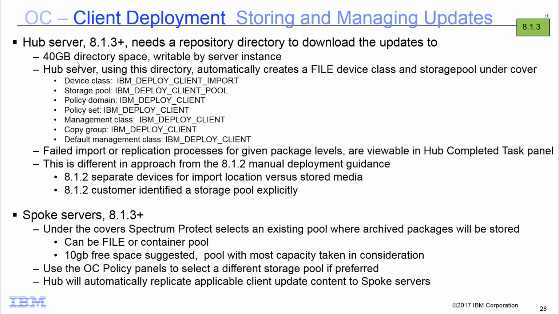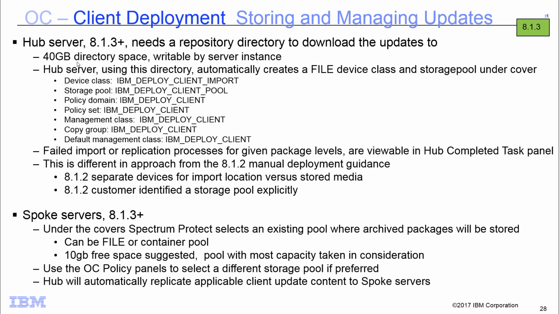It will look for the one with the most capacity, but at least has to have 10 gigabytes of free space. You could utilize the Operations Center policy panels to select a different storage pool if you didn't like the one that automatically got chosen.